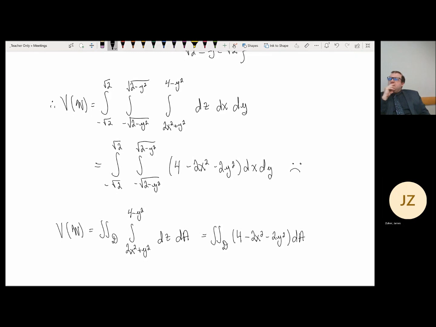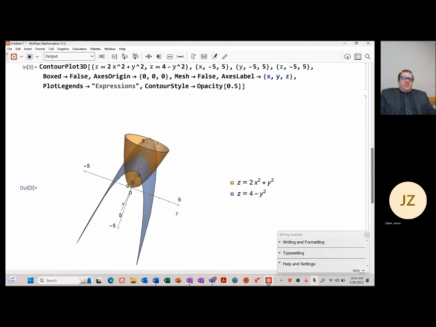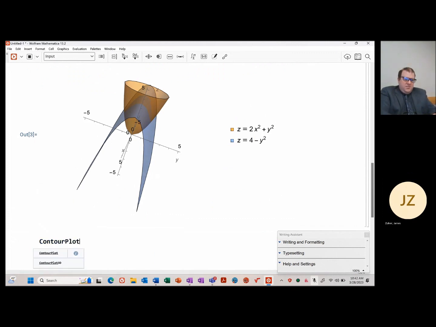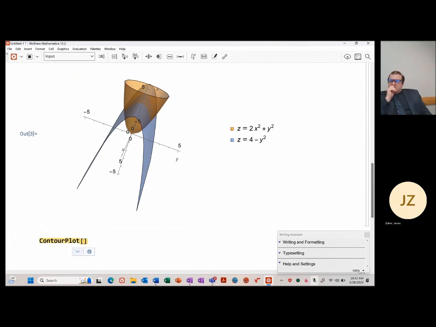Let's take a look at that domain. The two-dimensional domain is going to be the curve of intersection, isn't it? Curve of intersection is just where the z's are equal.